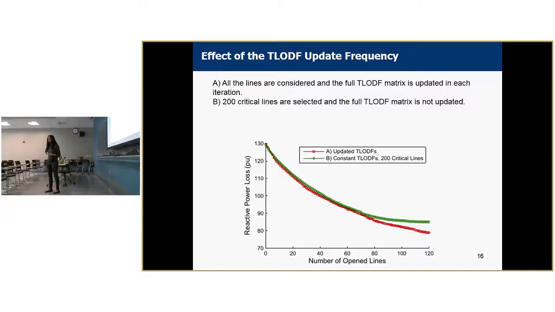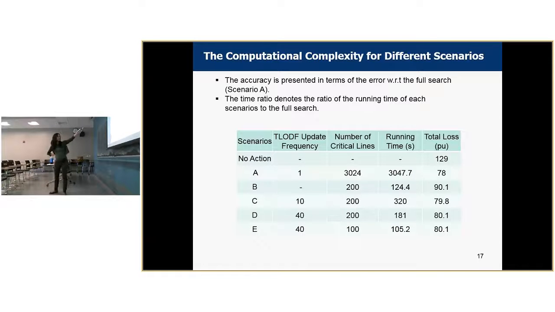Yeah, it would be again like this scenario B, where you don't update at all, and the result is here. So you get this much losses, which is still reasonable. You're right, we could just use that. So instead of getting 78, you get about 90.